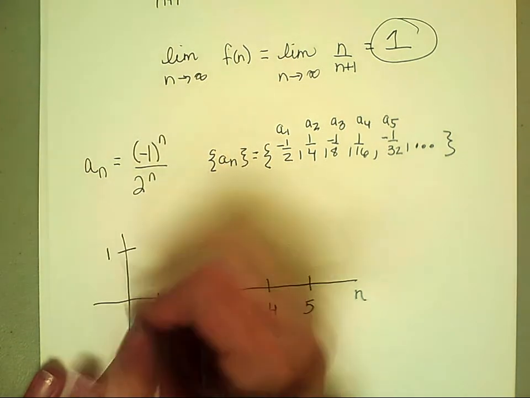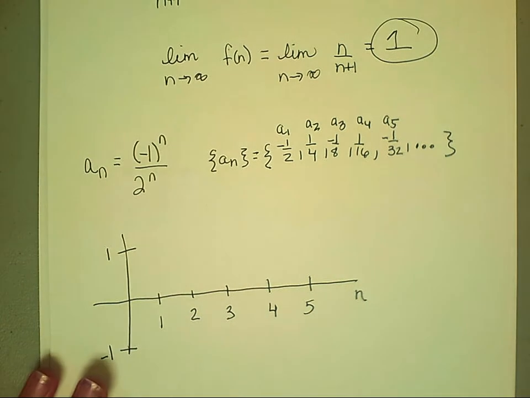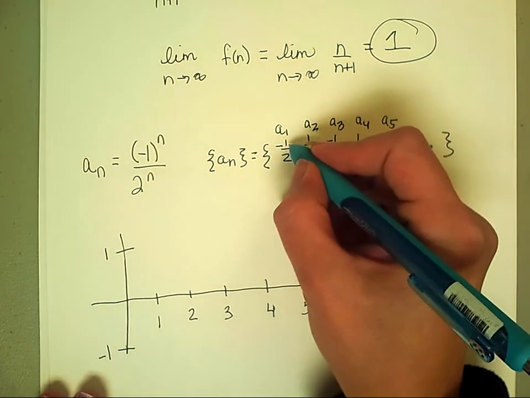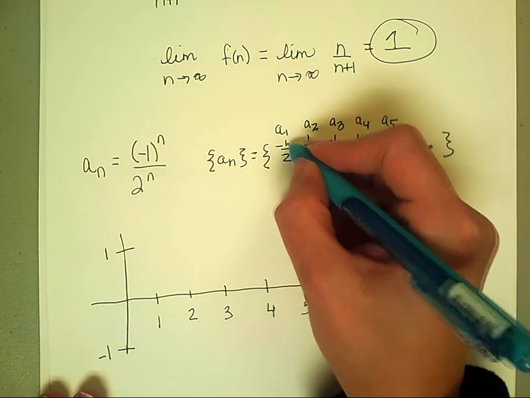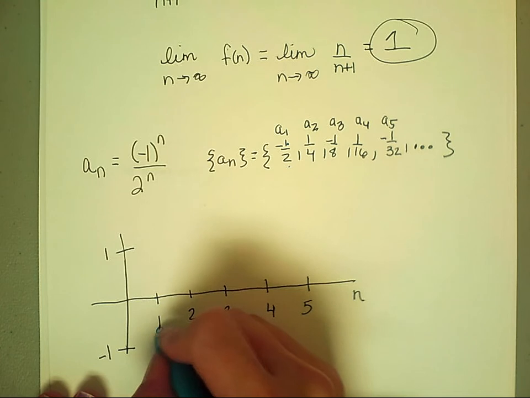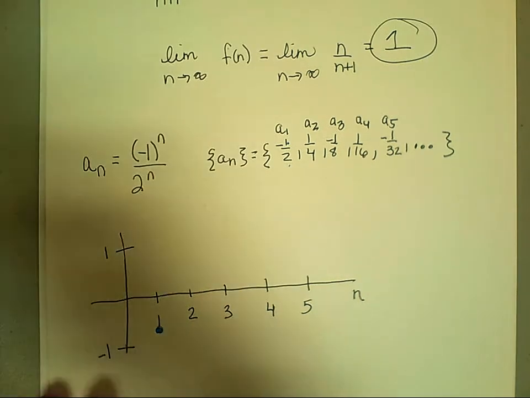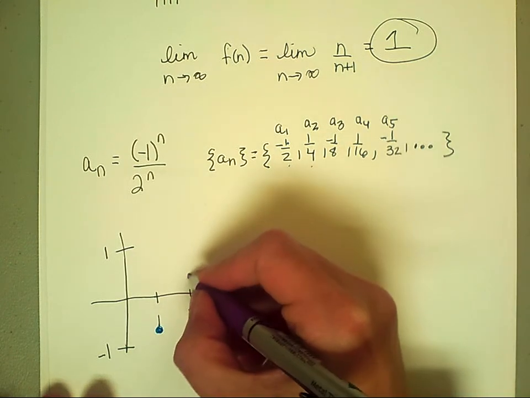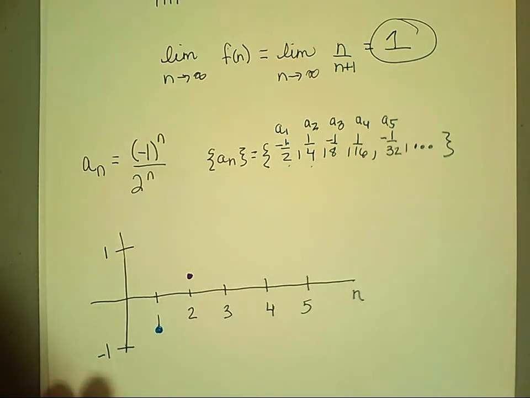And we said it was bounded above by the number 1 and below by negative 1. Well, we actually said it was a little bit tighter: below by negative 1/2 and above by 1/4. So let's see why that is. For the first term, I need to plot the point negative 1/2. For the second term, a sub 2, I need positive 1/4, which is approximately here.